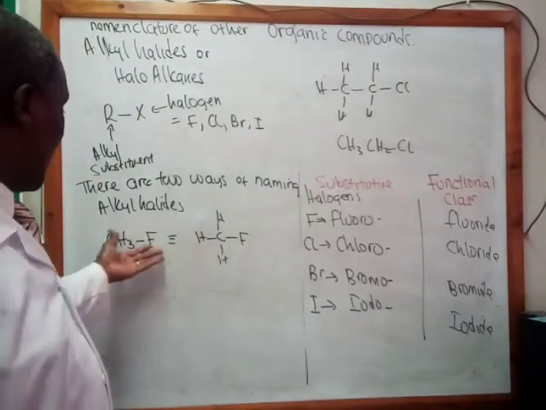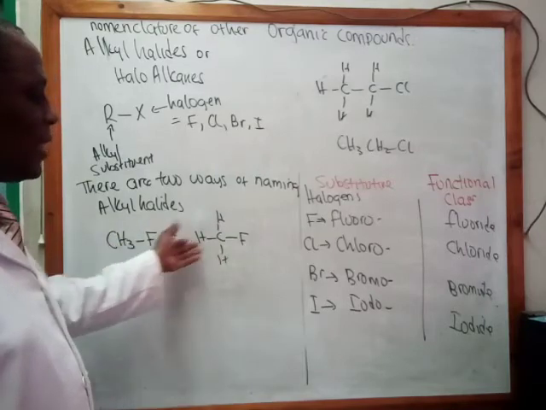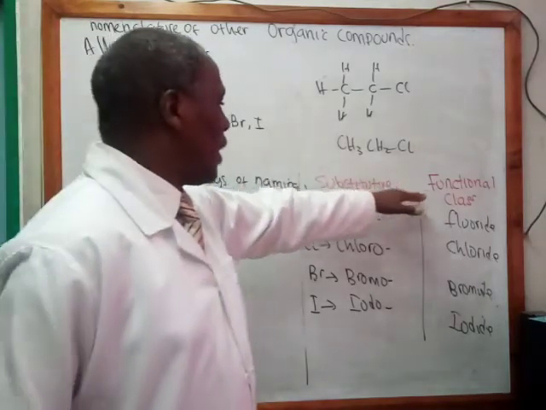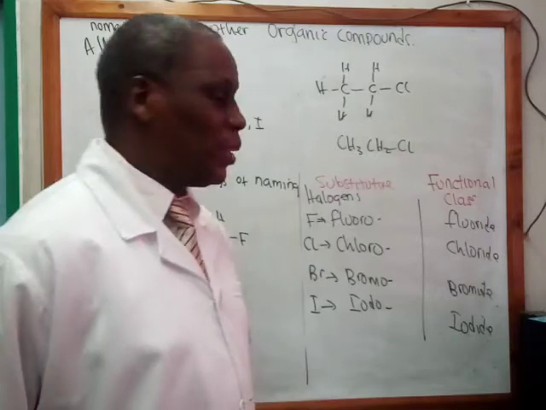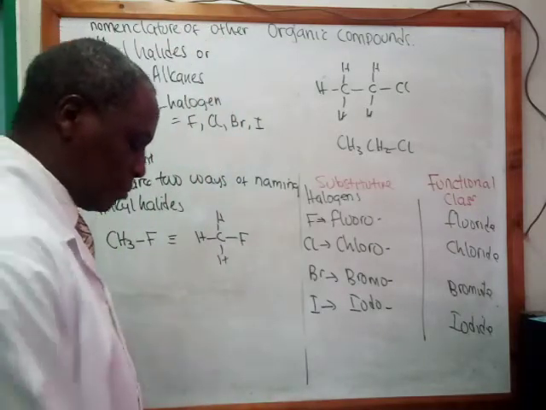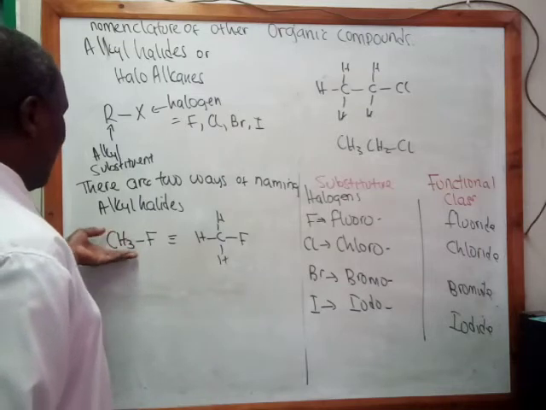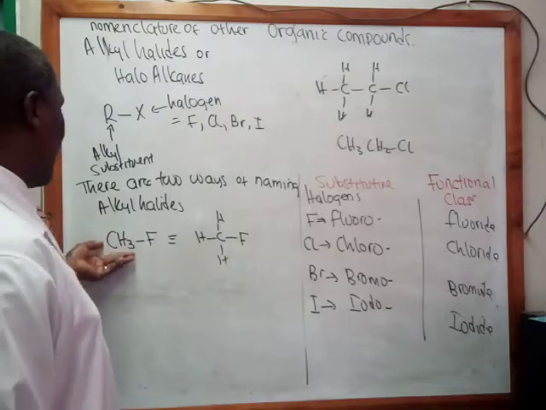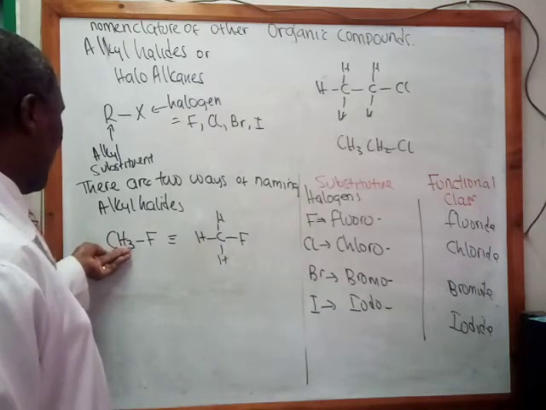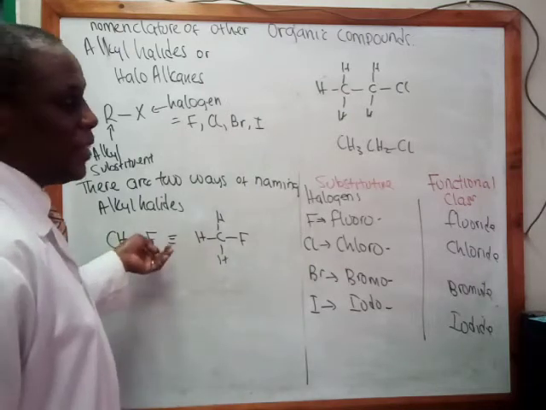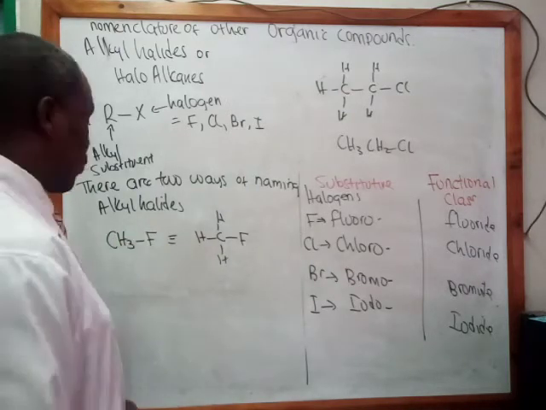Let's use this simple compound, and let me start with the functional class. In this case, you are going to say the methyl is the alkyl group, and then the main functional group is the fluoride.